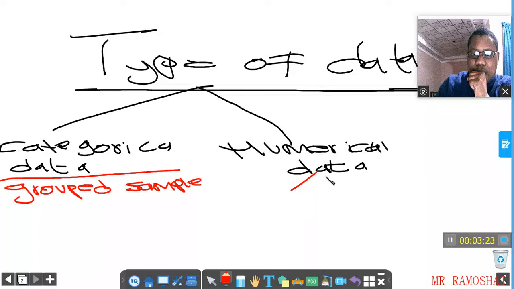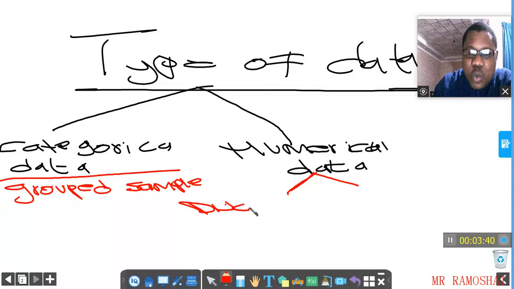Right. When we talk about numerical data here, we are strictly talking about two types. They are not types of data, they are types of numerical data. So when we talk about numerical data, we talk about discrete data and continuous data.